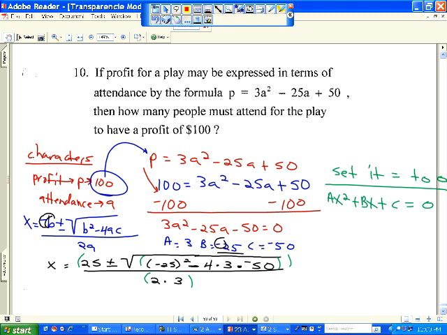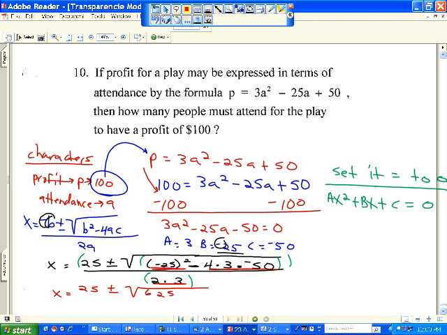Now, if we do this on paper, what 3 things can we do? First, square that, multiply that, and multiply that, right? And so we're going to get x is equal to, understood open parentheses, 25 plus or minus the square root of 25 squared, 625.